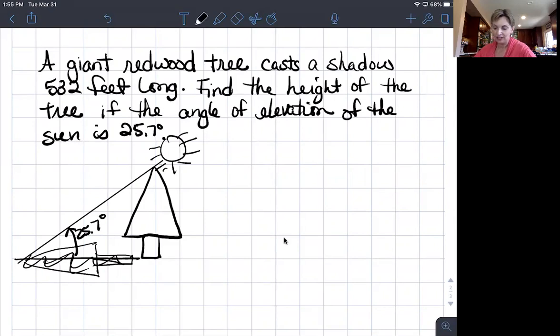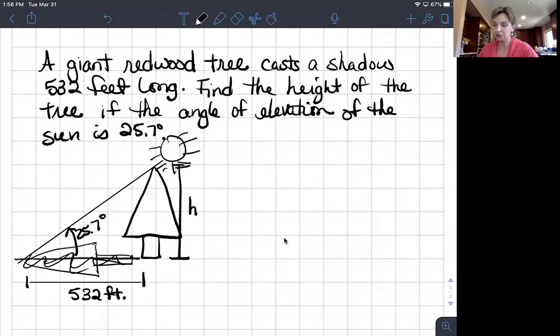Okay, and the length of that shadow is 532 feet. And they want us to find the height of the tree. How tall is this tree? Right? That's our unknown, the height of the tree. We'll call it h.